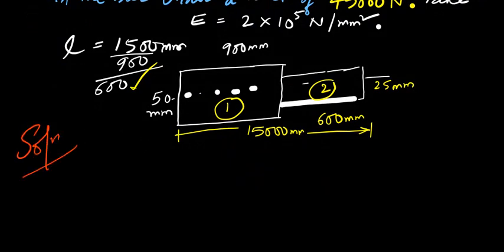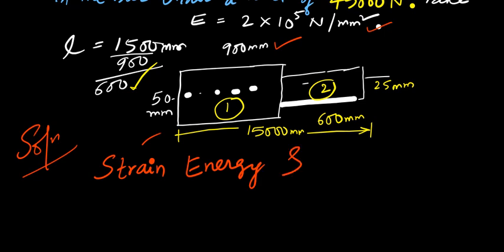All values are in standard units, it means in millimeter, and force is in Newton. To calculate the area, first you should know the strain energy formula. The strain energy stored in the bar means the total, both element 1 and element 2, not individually.